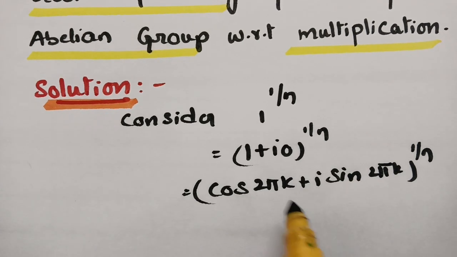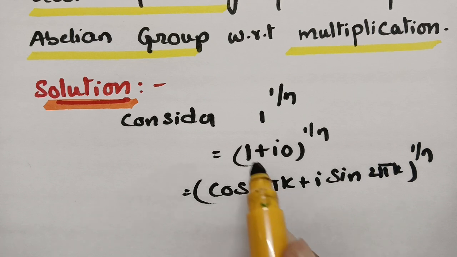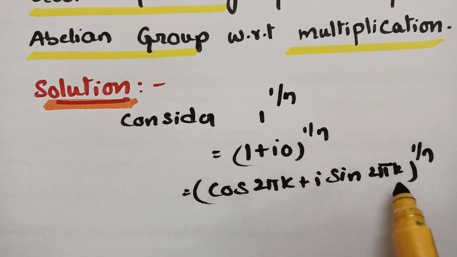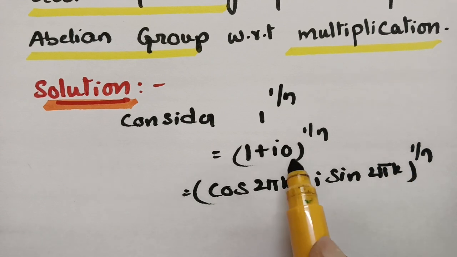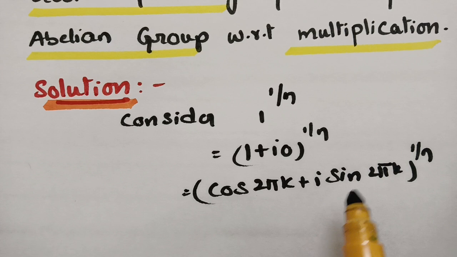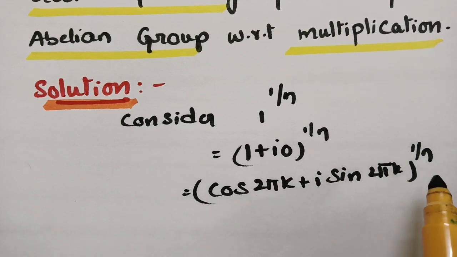So here if you observe this one, if you keep k value as 1, 2, 3, 4, anything, the cos 2 pi k value is equal to 1. And here if you keep the k value as 0, 1, 2, 3, 4, anything, the sine will be 0. So in place of 1, I have written cos 2 pi k, and in place of 0, I have written sine 2 pi k, power 1 by n.